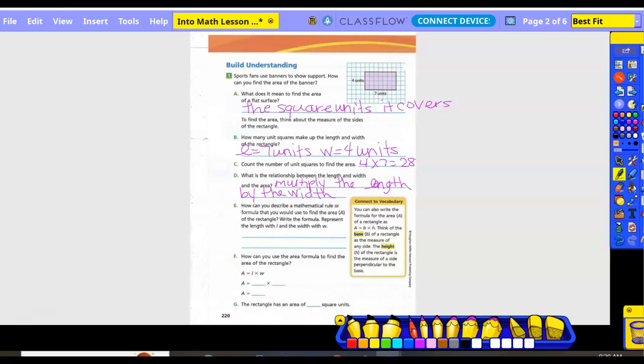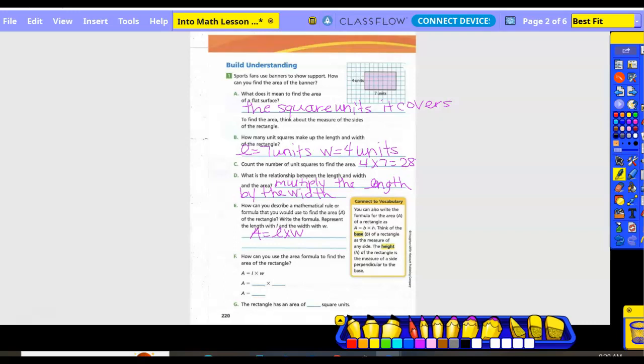How can you describe a mathematical rule or formula that you would use to find the area of the rectangle? So what have we been using? Area equals length times width. So the capital A equals area, and then the L represents what? Length, and the W represents width.